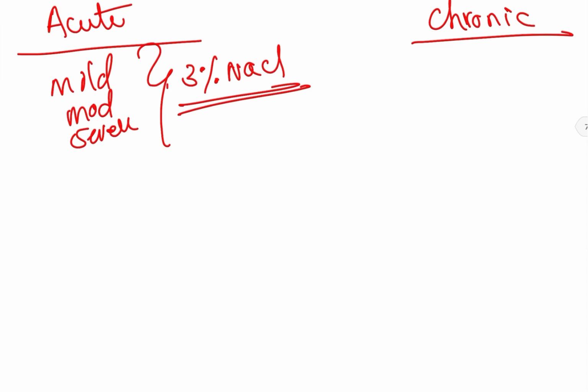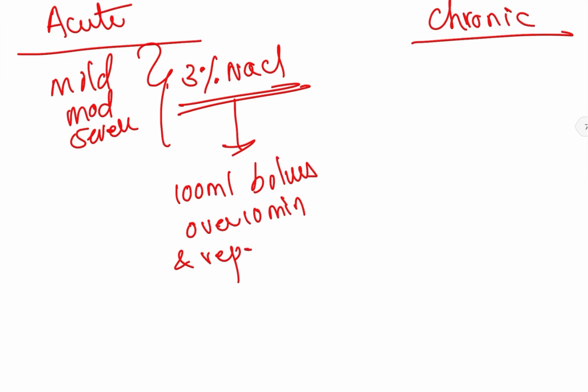As per the European Society of Critical Care, for acute hyponatremia, the method of giving 3% NaCl is not by calculating sodium requirement. It is directly giving a 100 ml bolus over 10 minutes and repeating it after 10 minutes, 3 times.